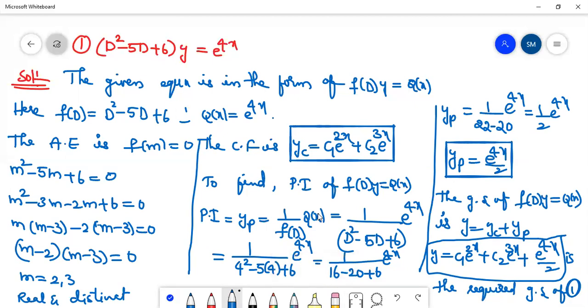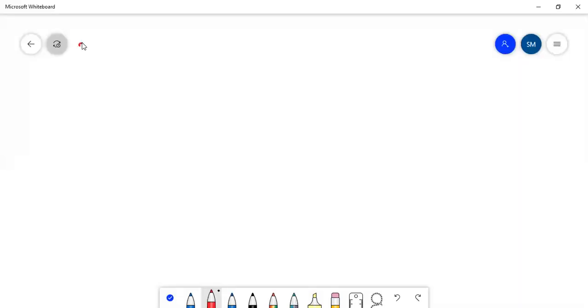This is the way of solving the given problem. Second problem, solve D square plus 4D plus 4 into y is equal to 18 cos hx.